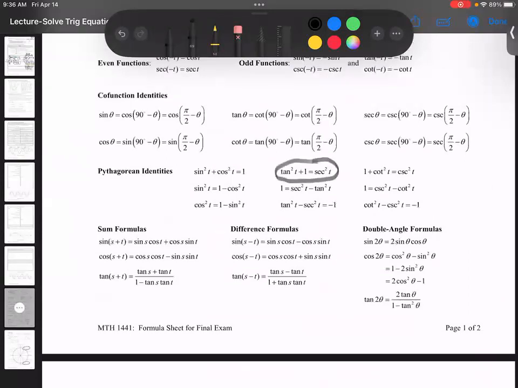I want to change it into tangent t or tangent u, doesn't matter what notation. So I'm going to solve for tangent squared t, subtracting 1 from both sides, so secant squared t minus 1. So I'm going to replace secant squared u minus 1 with tangent squared u.